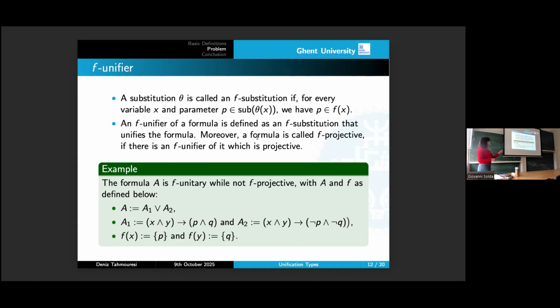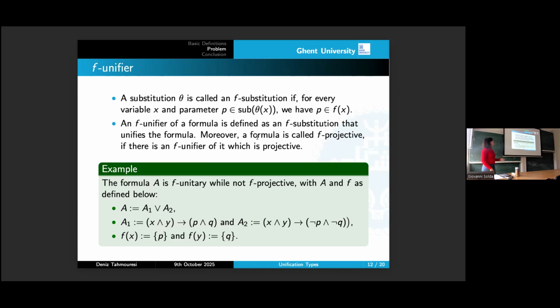That's introduced in this slide, actually: F unifier. An F substitution is said to be one where, for every variable x and parameter p belonging to the subformulas of theta x, we have that p is in the restriction function F. An F unifier is then something that is an F substitution and also unifies the formula.